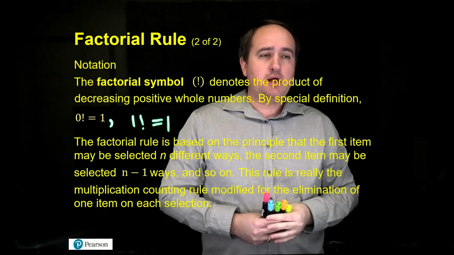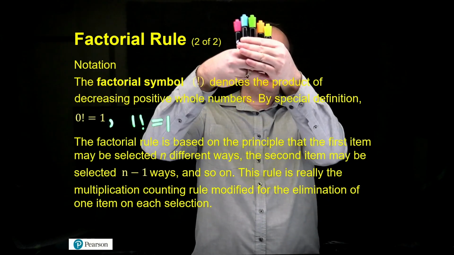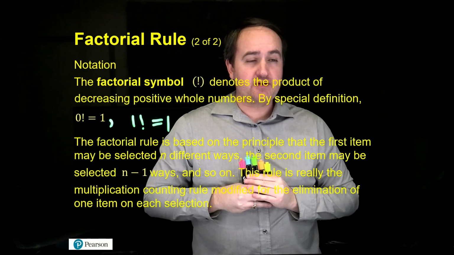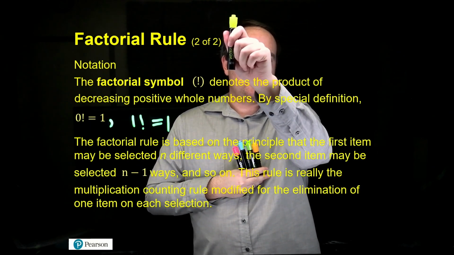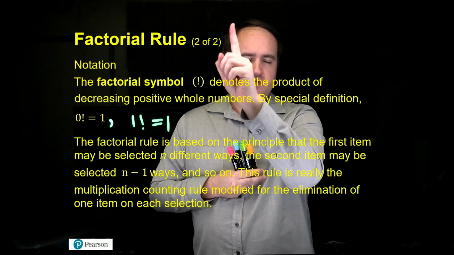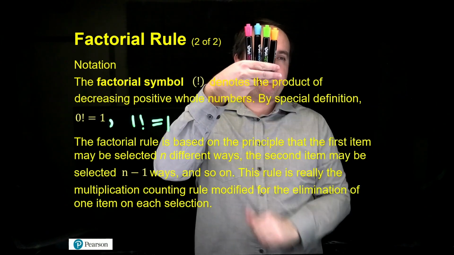Well, think of it this way. If I have 5 markers, how many choices do I have for the first marker? Well, I have 5 choices. But then once I choose the first marker, and it's assigned to position number 1, or first place, how many choices do I have for the second marker?